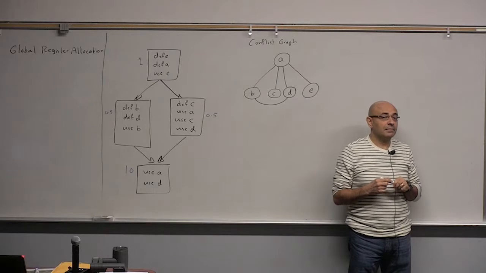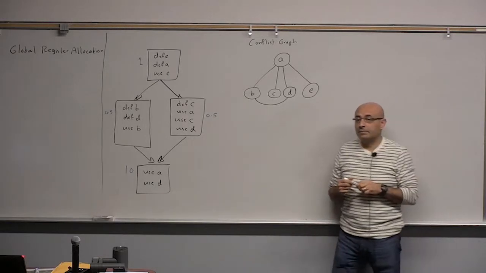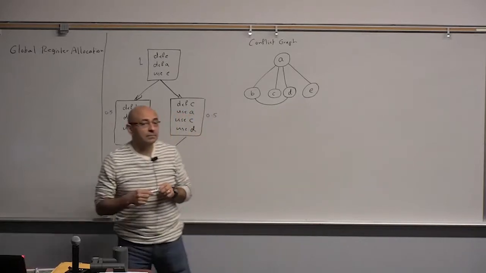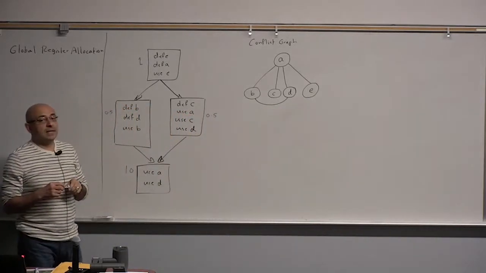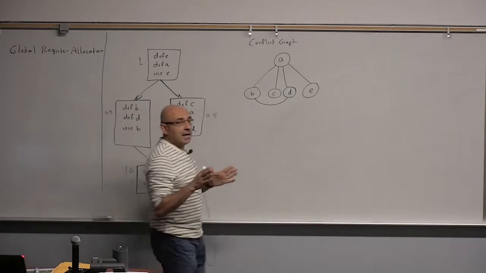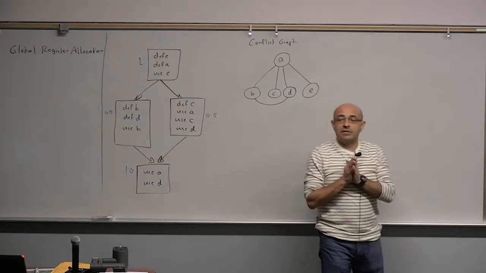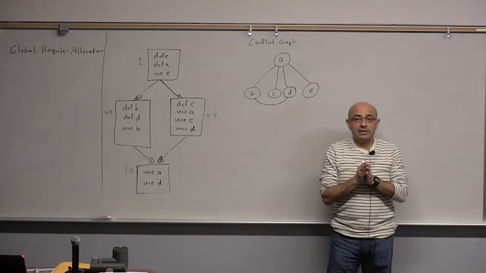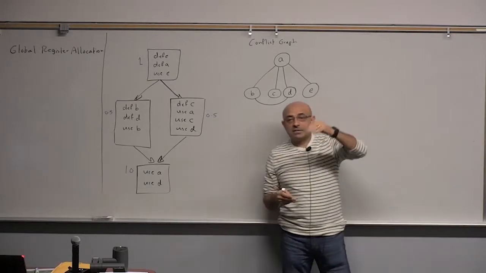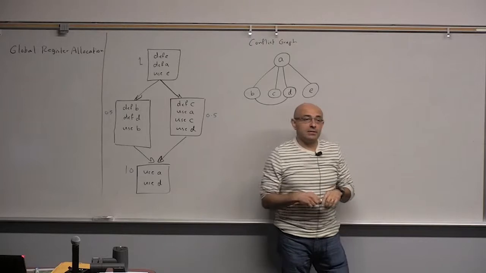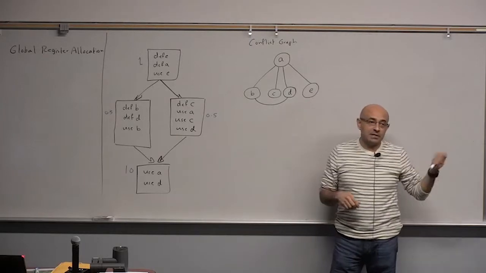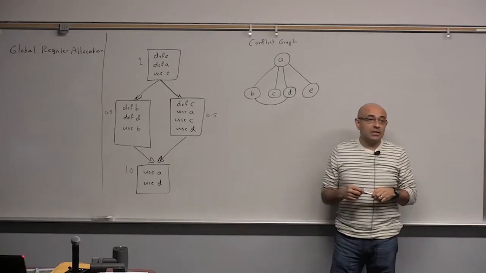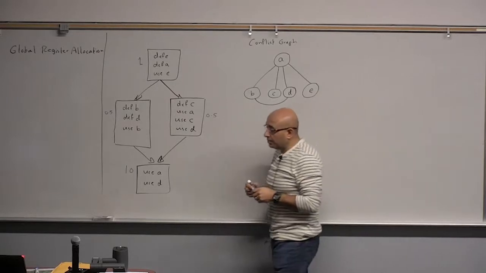The disadvantage is that any values that need to be carried over to another block need to be stored. Yeah, exactly. Local register allocation is much simpler. It's one pass, a linear pass through the code, as we have seen in previous lectures. So it's simple to implement.